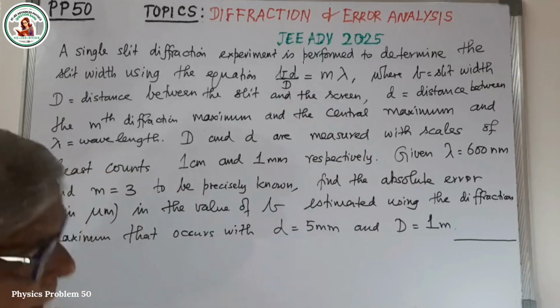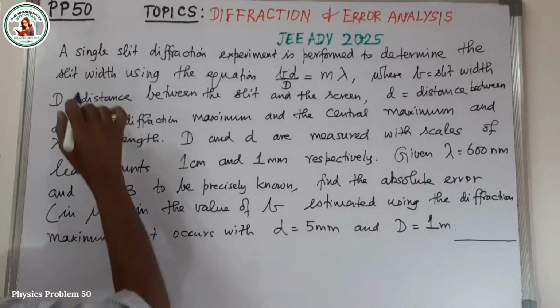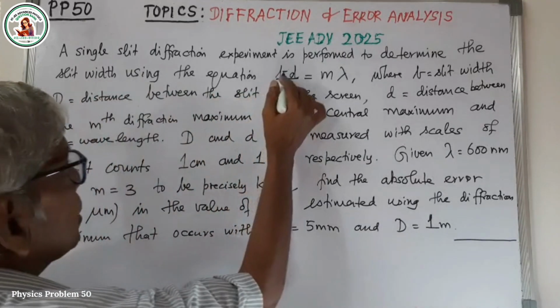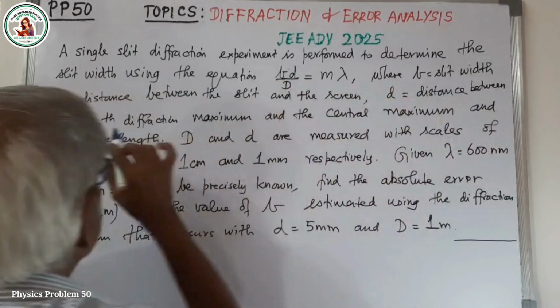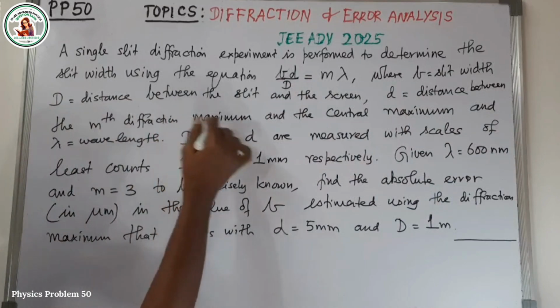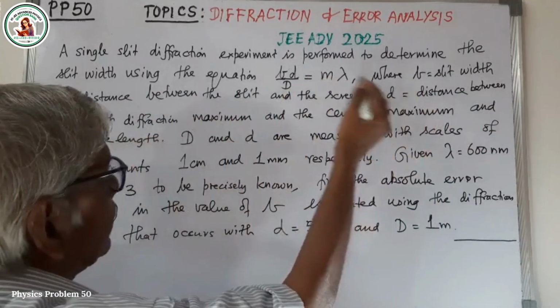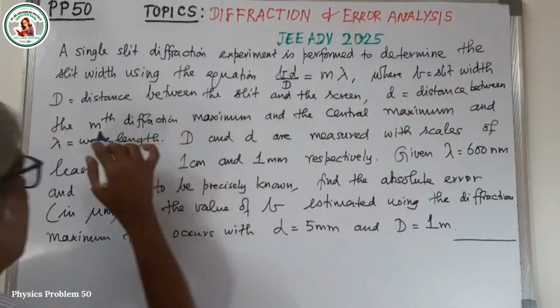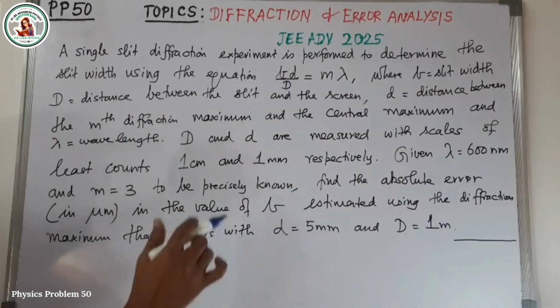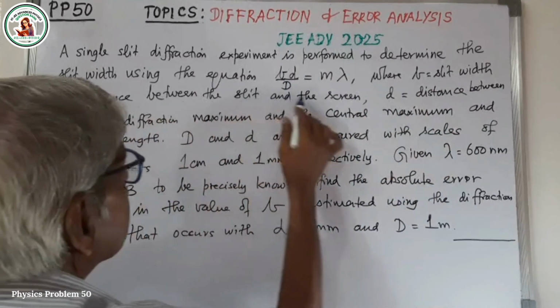Now, the value of b is what we want. That is the slit width. Slit width is b here. Small d is described as the distance of the diffraction maximum of the nth order. Lambda is the wavelength, and capital D is the distance between the slit and the screen.